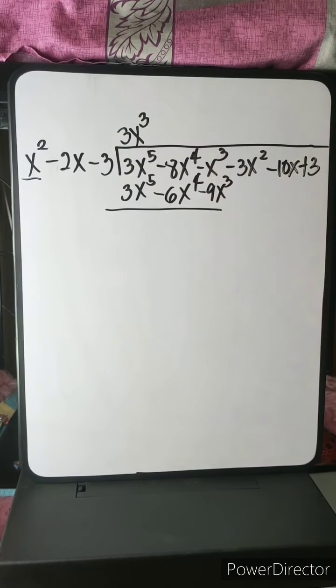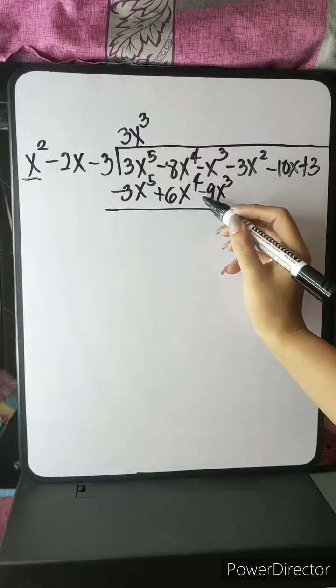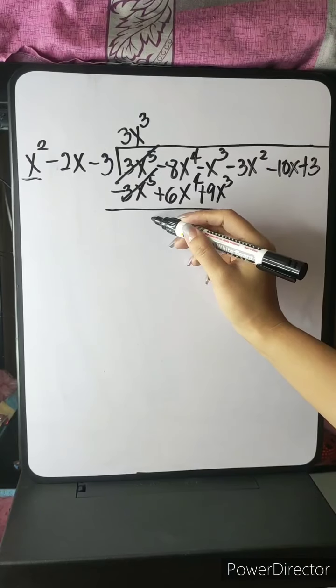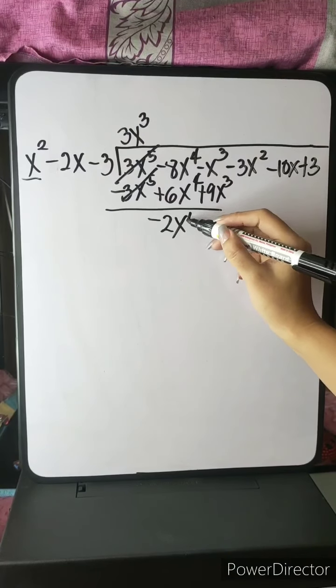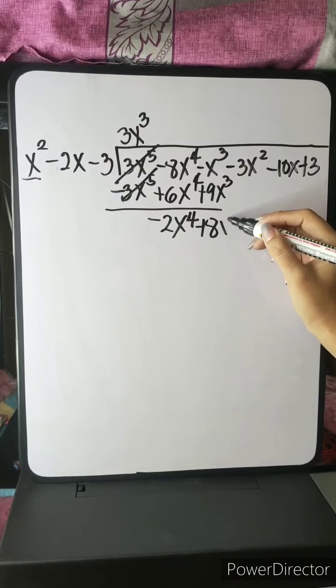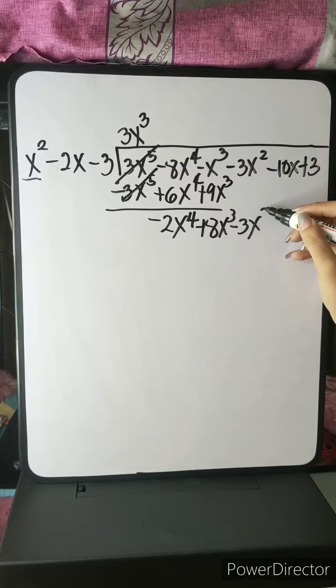And then again, we will subtract. And again, subtraction of polynomial is changing the sign of your subtrahend. So, ito yung magiging negative, ito yung magiging positive, ito ay magiging positive. So, ito mawawala. Unlike sign, magiging 2x raised to 4 ang answer. Unlike sign, magiging positive 8x cubed. And then, let's bring down the negative 3x squared.